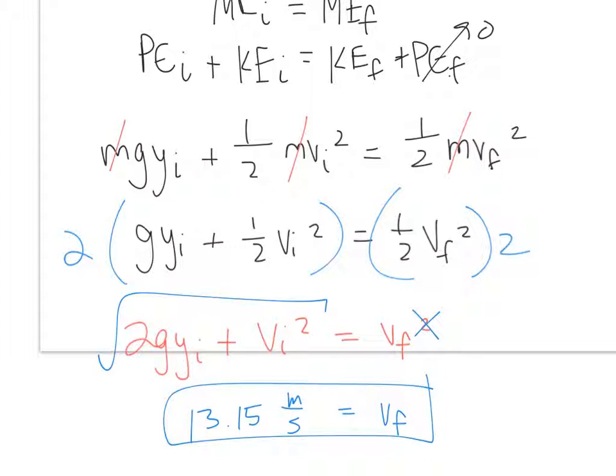This number in magnitude has to be bigger than the velocity he started with. 13.15. Why does this number have to be bigger than when we started? Remember, what was the initial velocity? 4. If I got an answer that said my final velocity is 2, that means I would technically have slowed down, right?